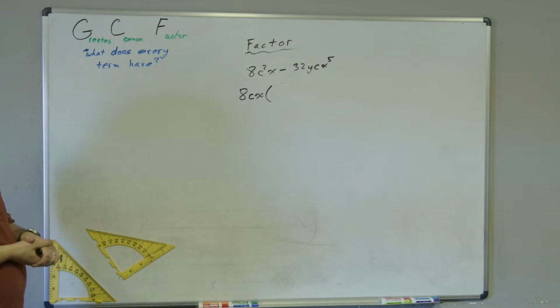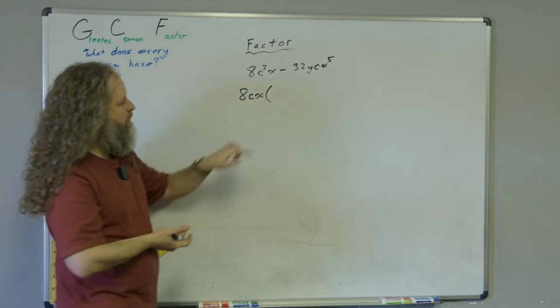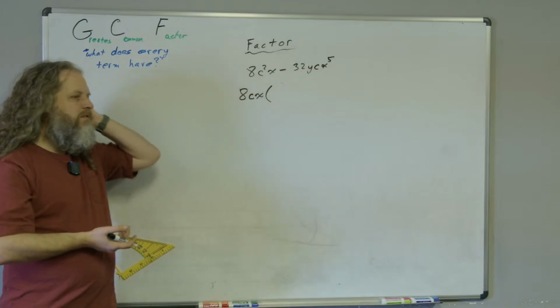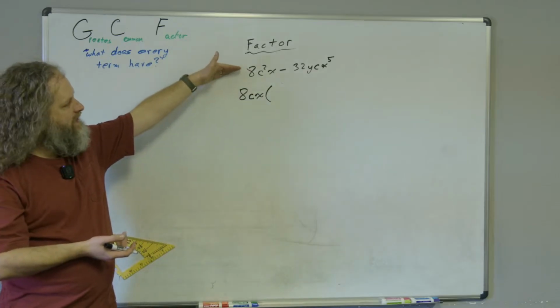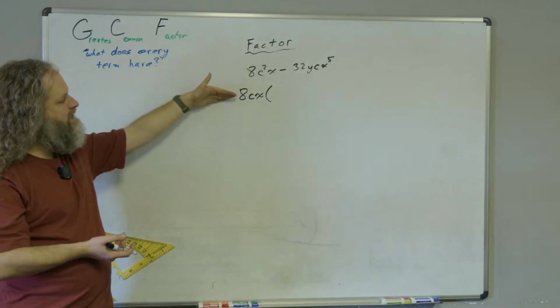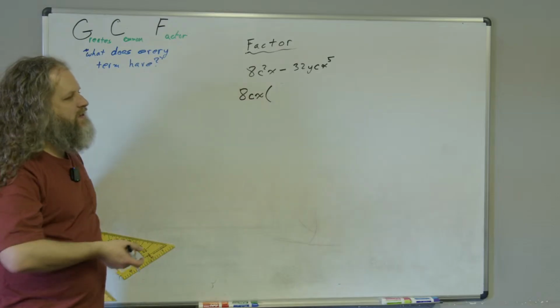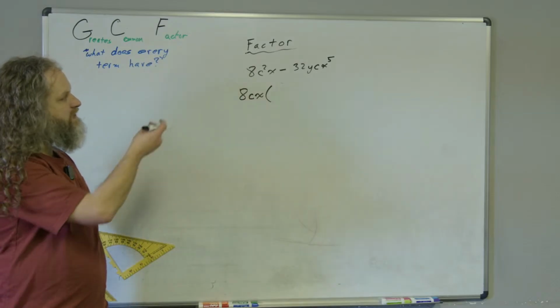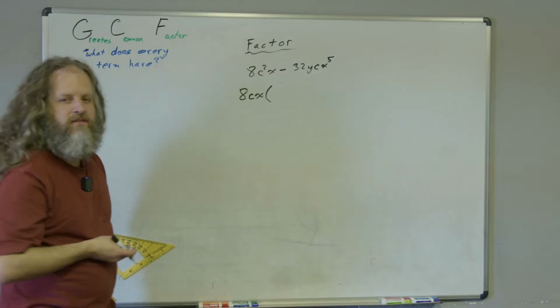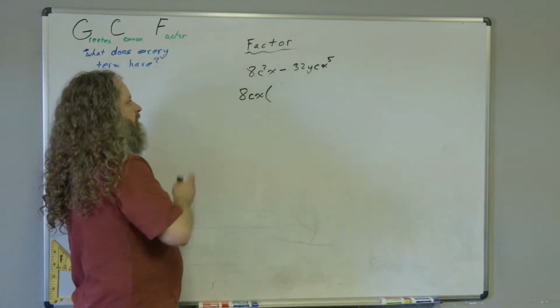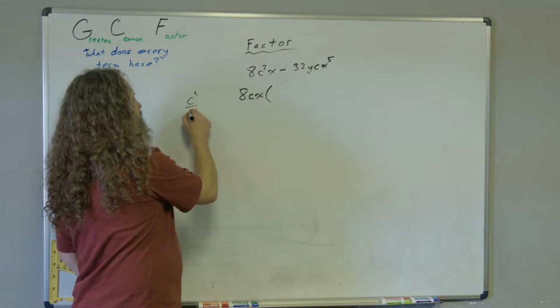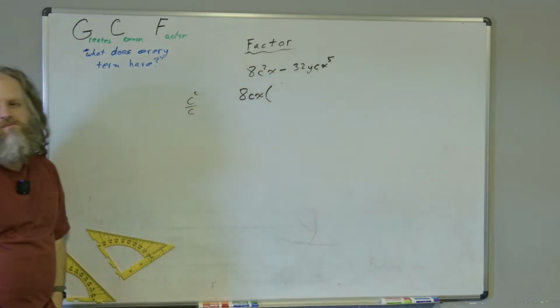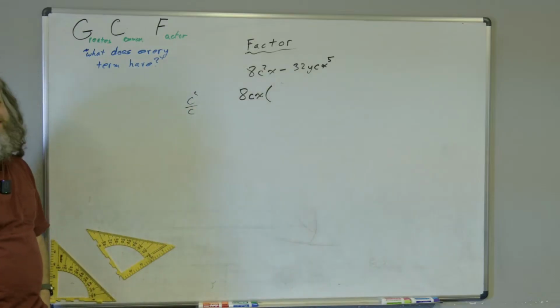Anyway. To figure out what is left when we pull this out, we are dividing. So we're dividing 8c squared x by 8cx. So what's 8 divided by 8? 1. What's c squared divided by c? Definitely not c squared.